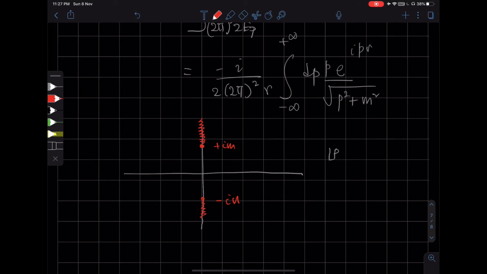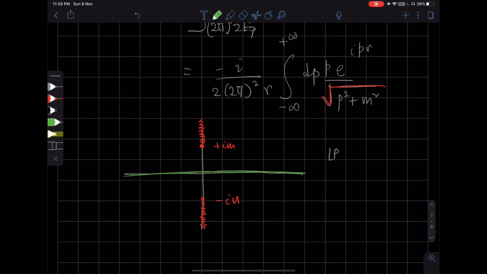And we can take the branch cut to go to infinity in that direction. And this is because we have a square root here. And our contour is going along this direction.